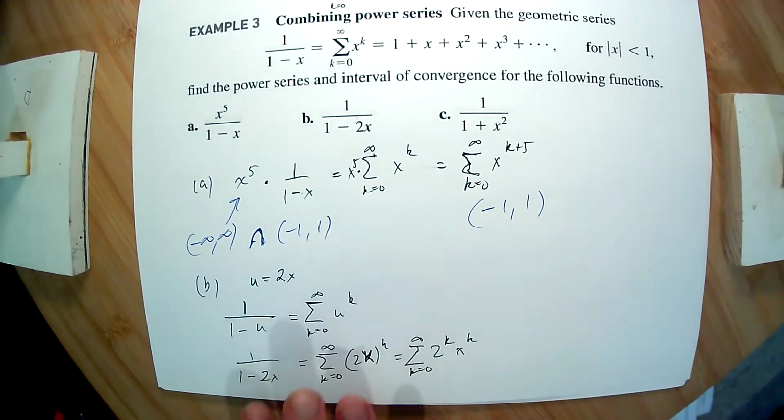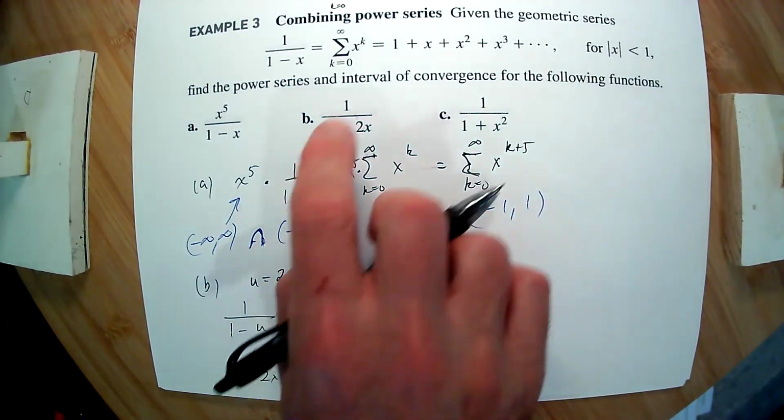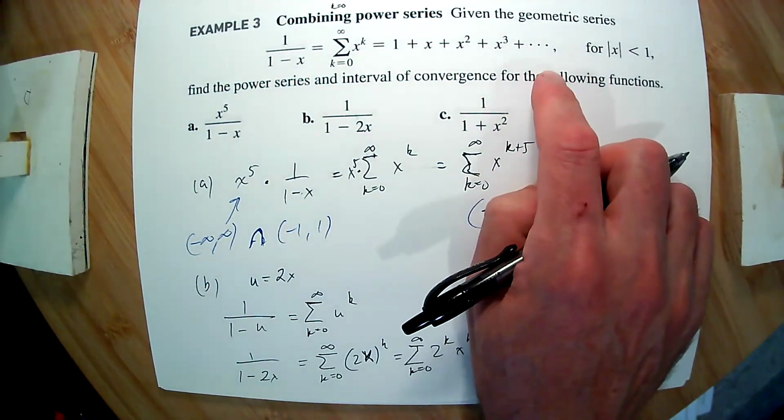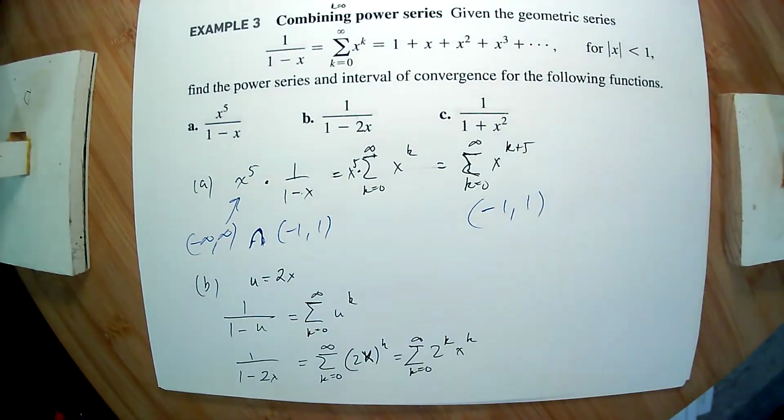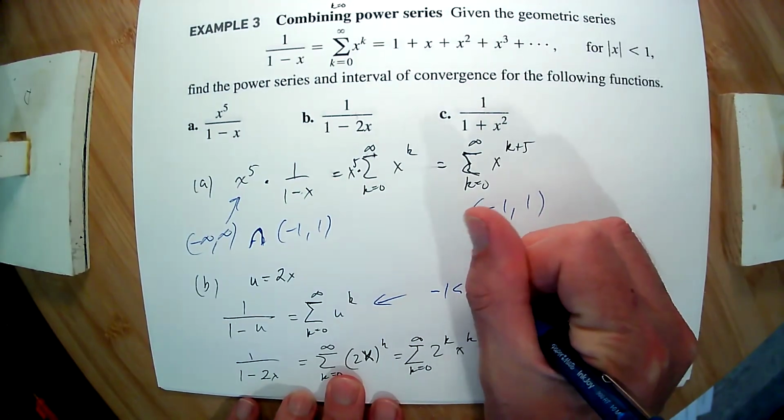Now, where does this thing converge? You could do what we were previously doing, but then you'd be doing too much work. You could use, for example, the ratio test on this and find the interval of convergence. But the easier thing to do is use this fact we know about geometric series. This piece here converges when -1 is less than u is less than 1.